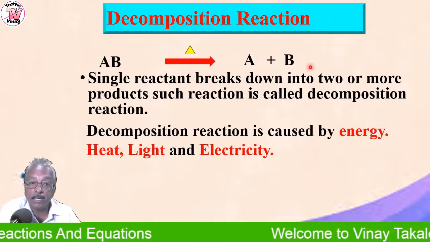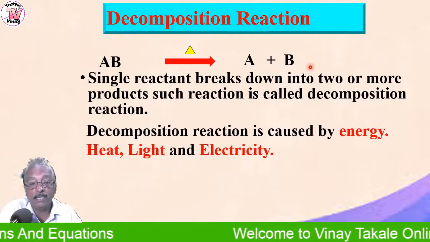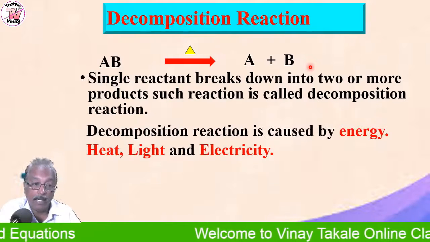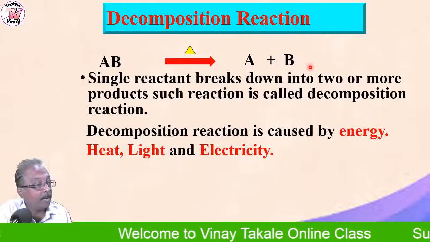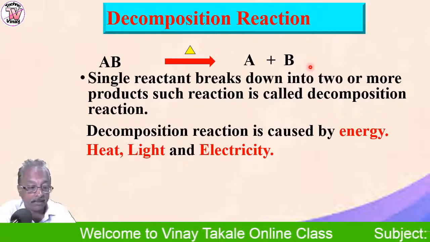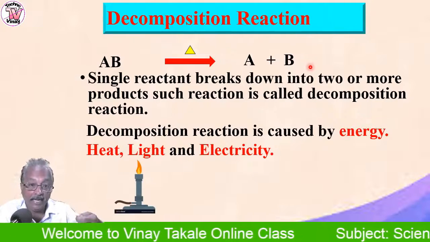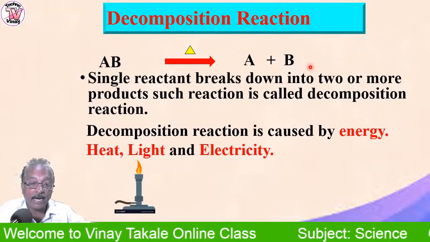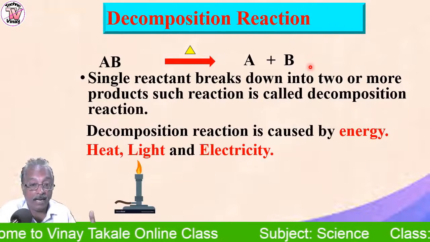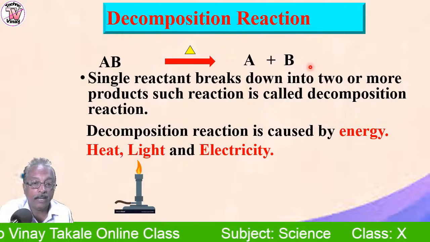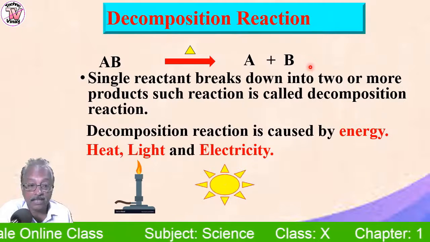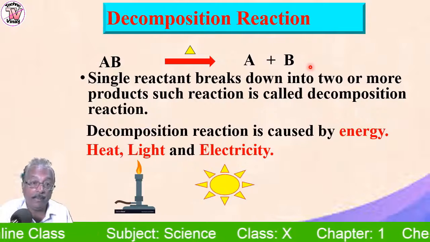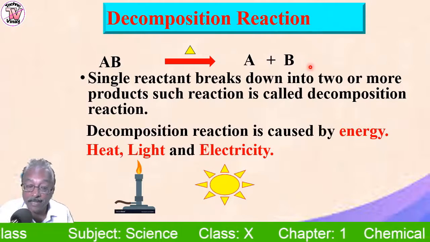Now, a decomposition reaction is caused by energy. To carry out the decomposition reaction, you require energy. Energy is supplied in the form of heat; you have to heat it in a laboratory, as you must have seen when I did this experiment last time. Then light, that is sunlight: if you keep it in sunlight, the reaction takes place.